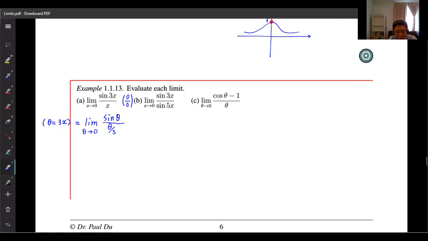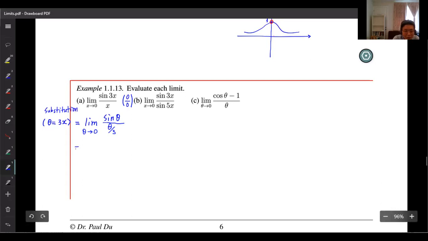Many textbooks call this the substitution technique or change of variable.